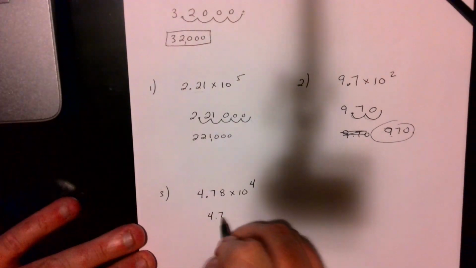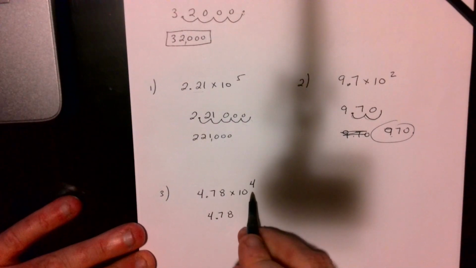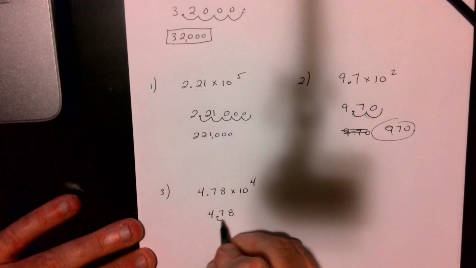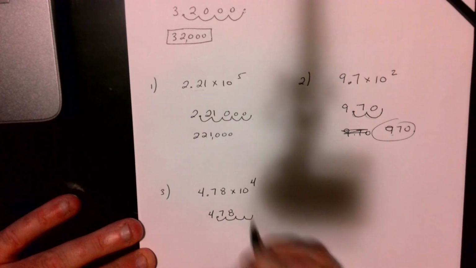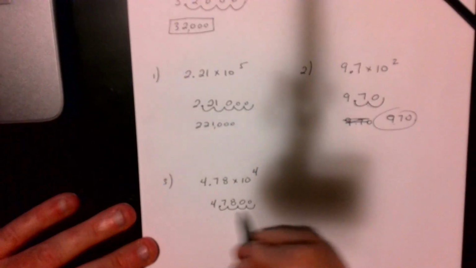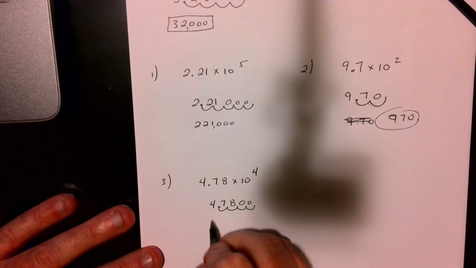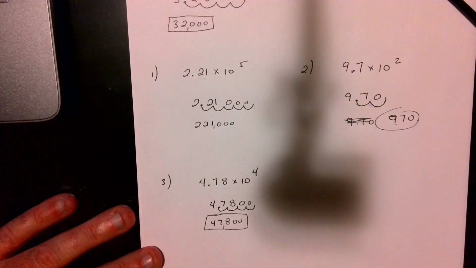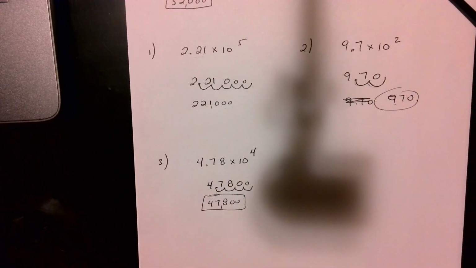So we should start with 4.78, right? And we're going to make it bigger. So we're going to move the decimal over 4 times. So 1, 2, 3, 4. And then what do we got to fill in those spots? 2 zeros. And then write your number. 47,800 is my final answer.